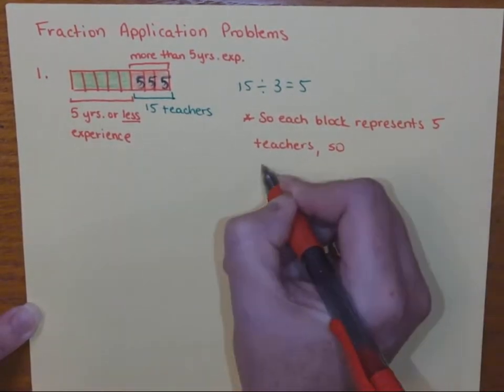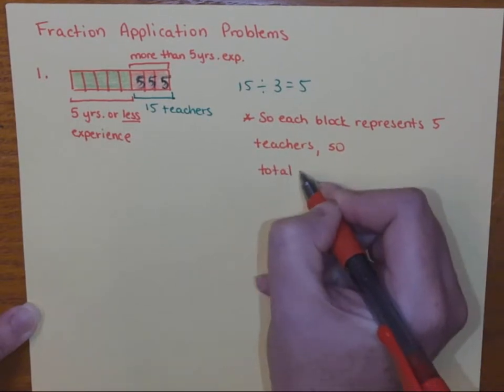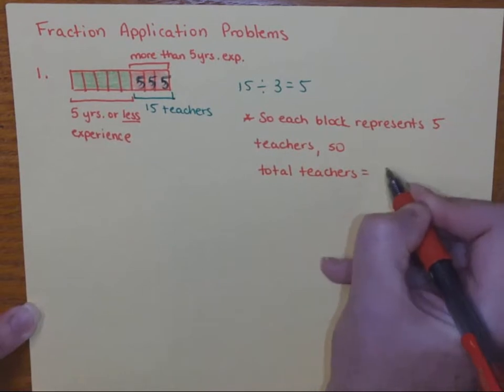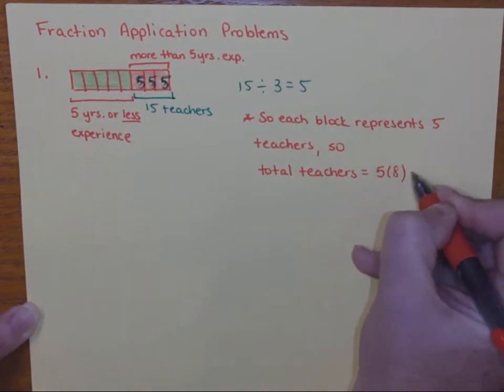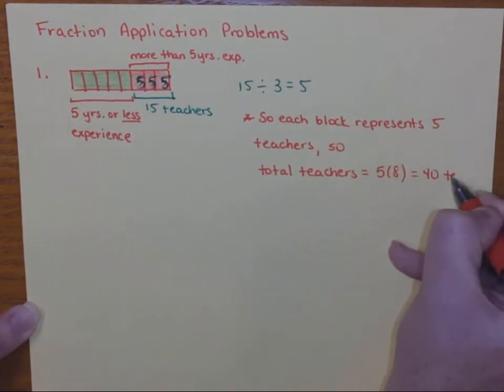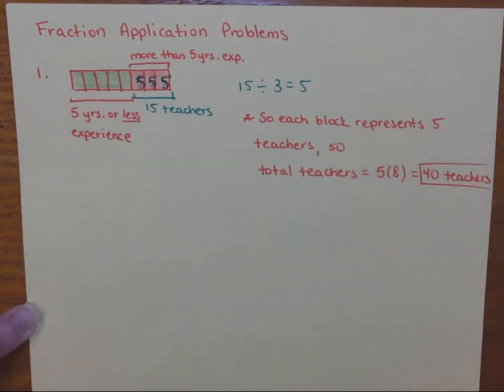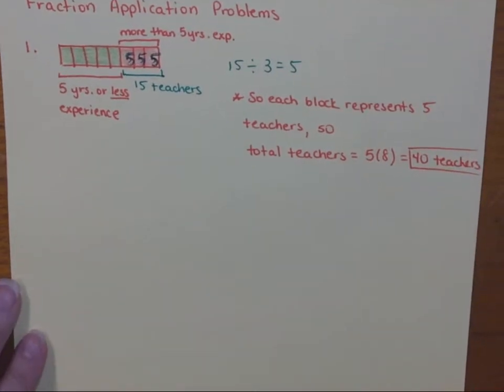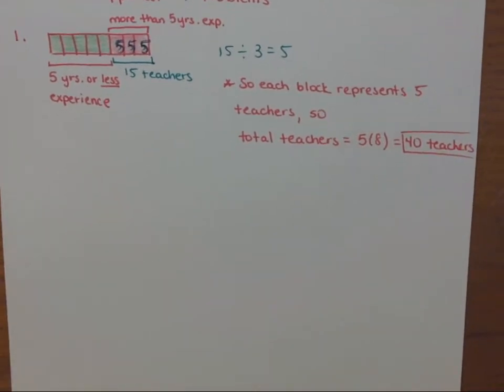There are 8, right? So the total teachers must be 5 times 8, or 40 teachers. So even if we're not a visual person, pictures can often really help us figure out what the answer should be.